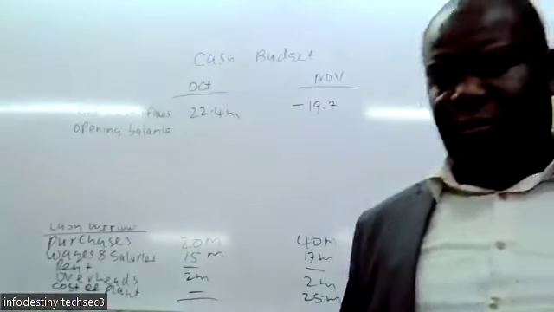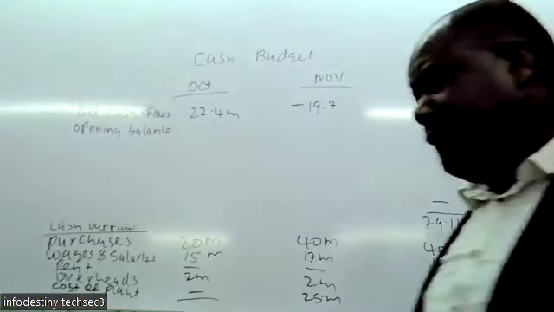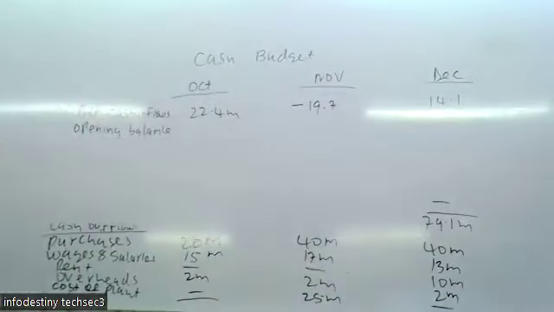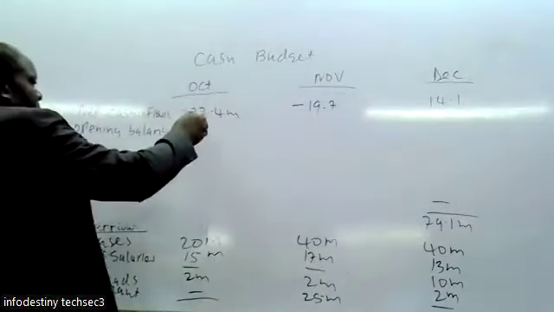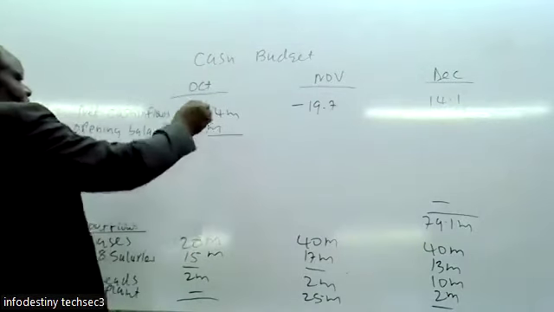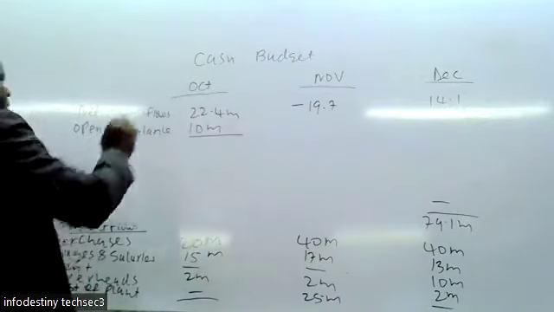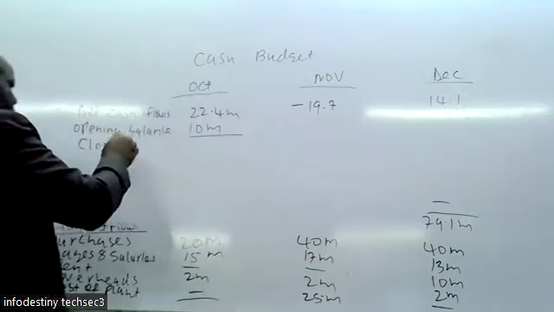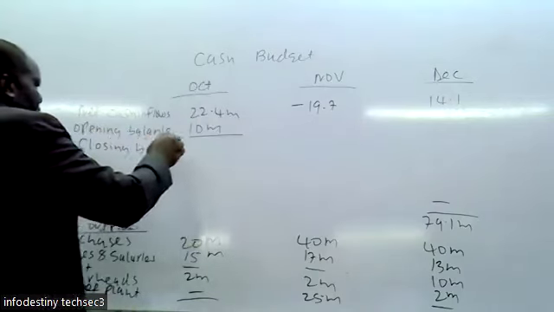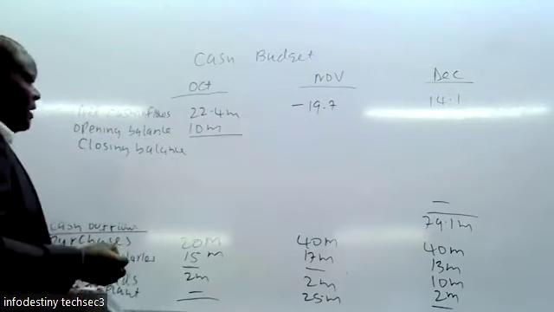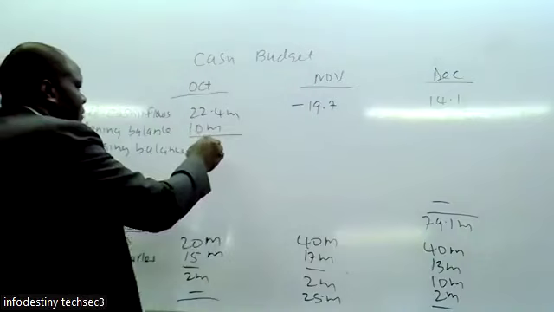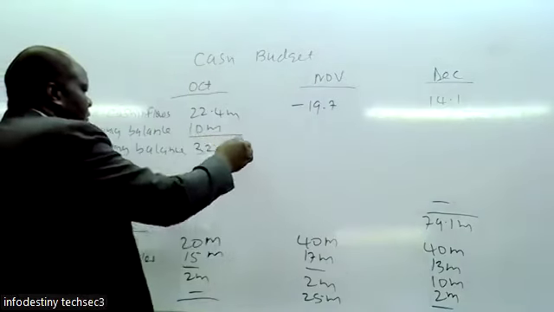Note 5 is on 1st of October, the firm plans to have 10 million in the bank. So this one will be 10 million. So when you add the 10 million on that figure, you now get the closing balance. So that closing balance will give us how much? 32.4 million.